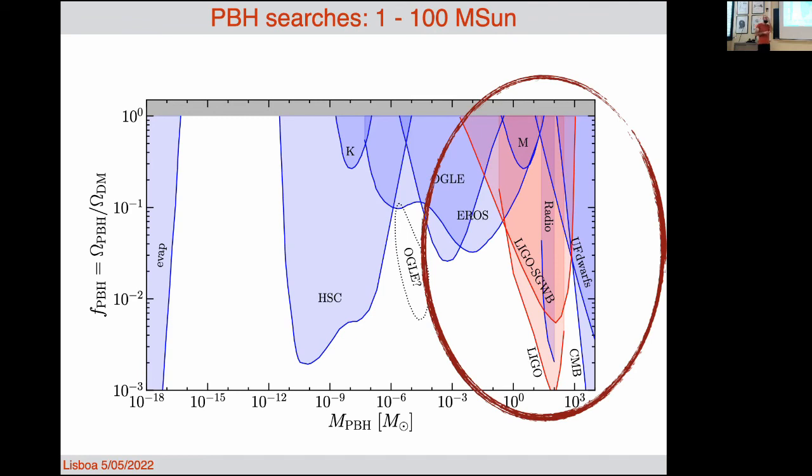And the reason is the inflaton potential can always be engineered so that you have an inflection point associated to your preferred mass scale, and this inflection point would produce a peak in your power spectrum.